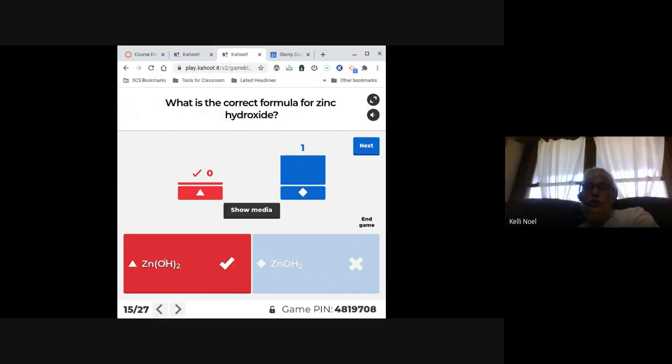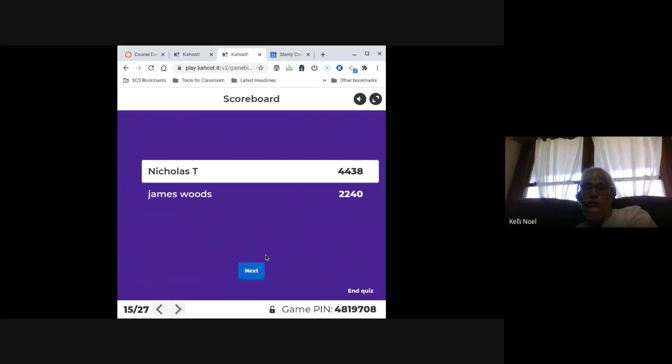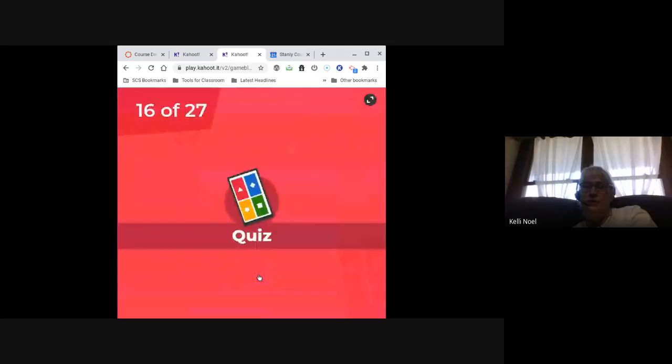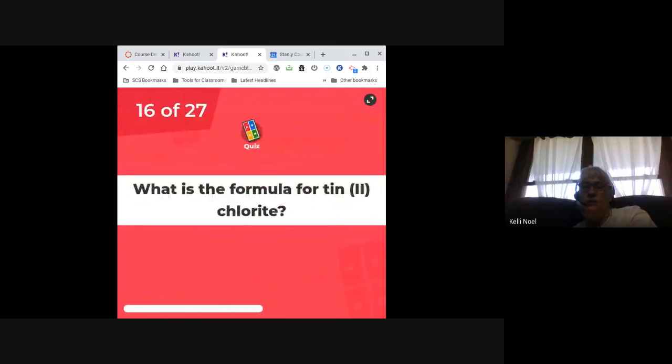OH is 1 unit. If you don't put it inside parentheses, like the blue one, it's going to look like there's only 1 oxygen and 2 hydrogens, when it's 2 of the OHs that are already bonded together. So anytime there's more than 2 capital letters, you may need parentheses. Again, I went over that in yesterday's lesson.